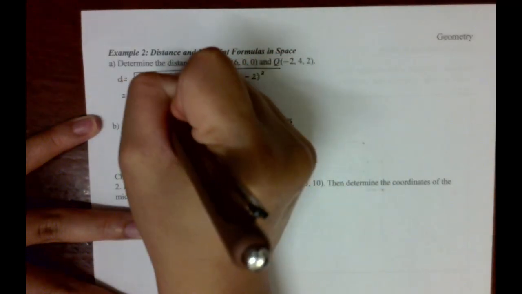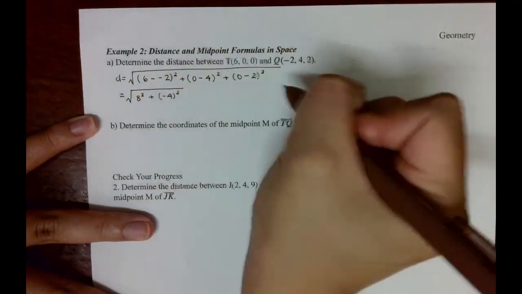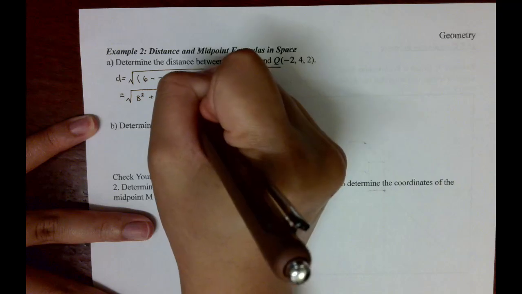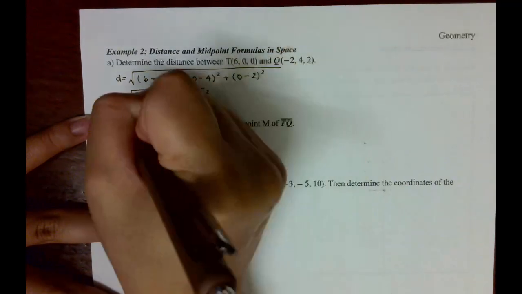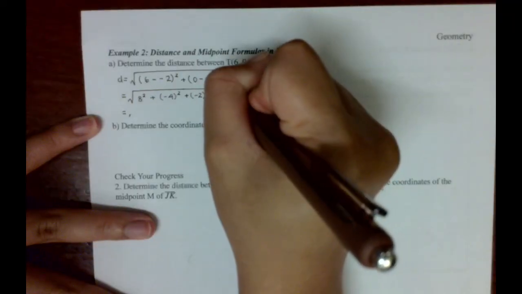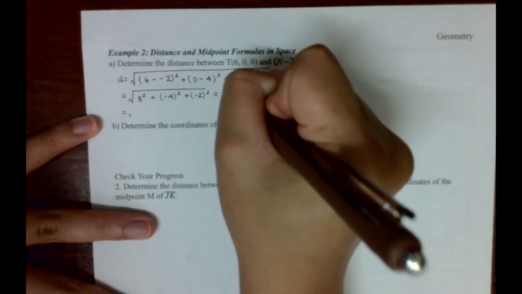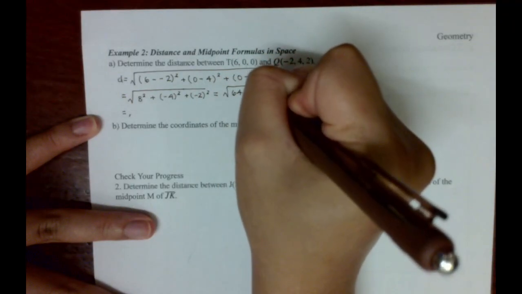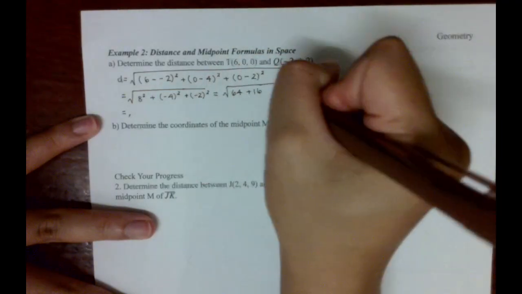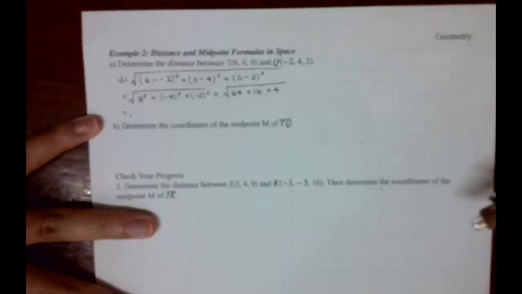0 minus 4 is negative 4, so negative 4 quantity squared, and 0 minus 2 is negative 2, so negative 2 quantity squared. Okay, let's do it here. 8 squared is 64, negative 4 squared is 16, because it's negative 4 times negative 4, and negative 2 squared is 4.